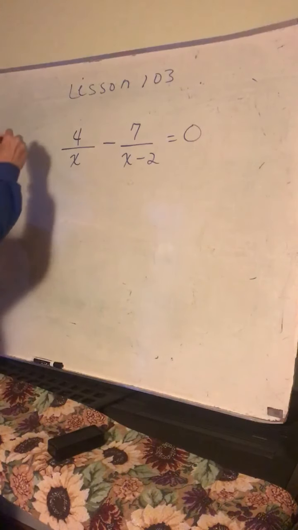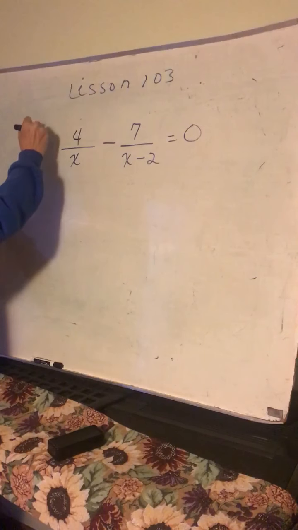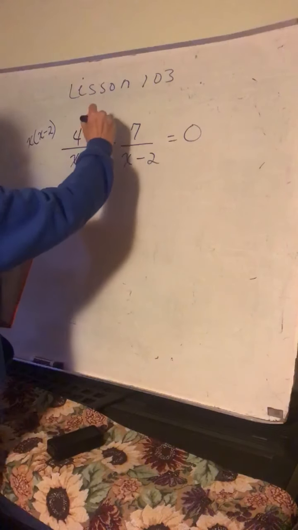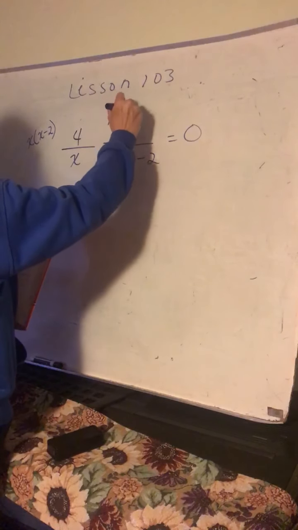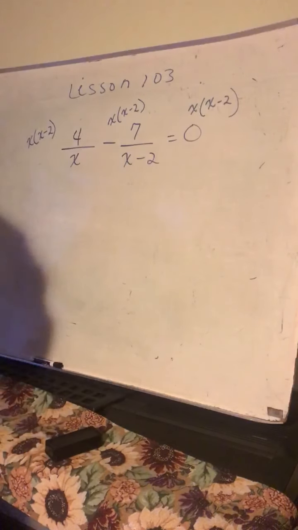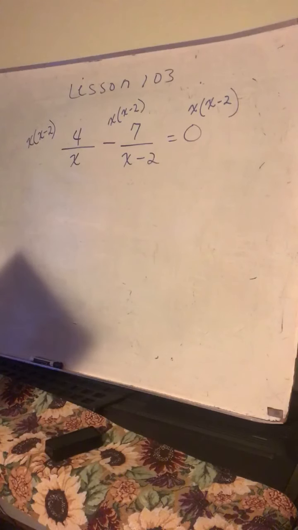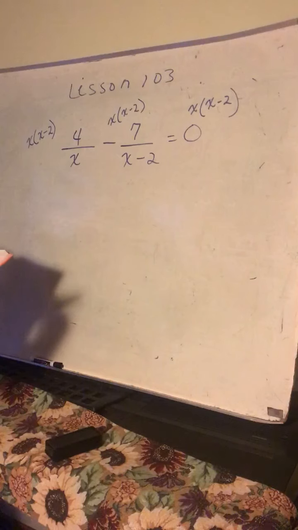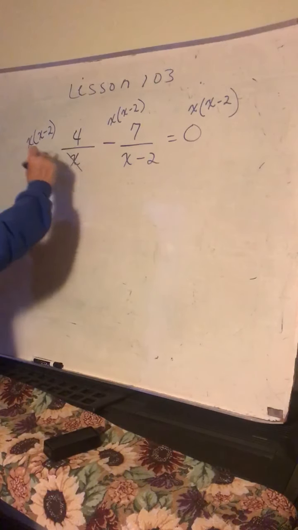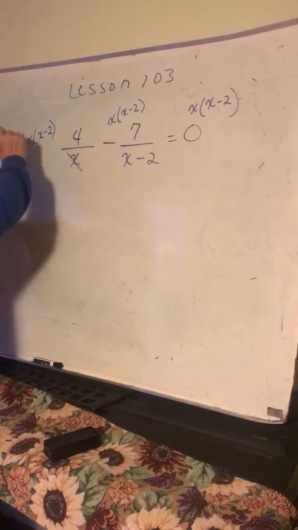So here, what are we going to have? Well, we're going to have the x and the x minus 2. That's the LCM of both of those. And we're going to multiply all three of them by this. And then we are going to cancel, and then that becomes 0.